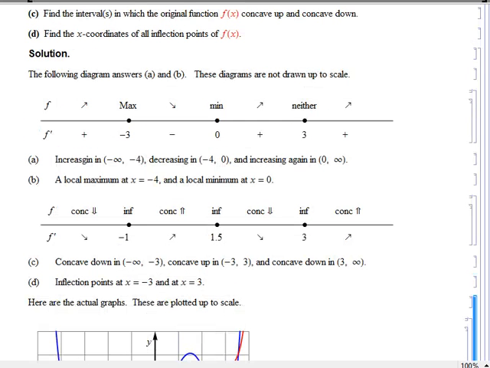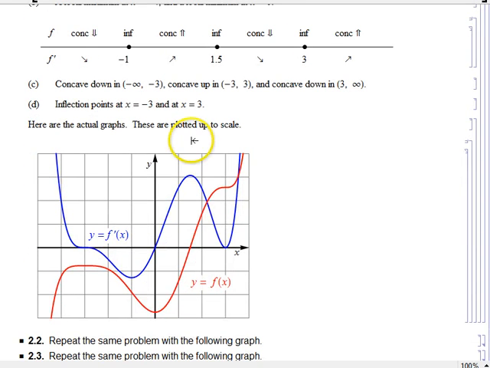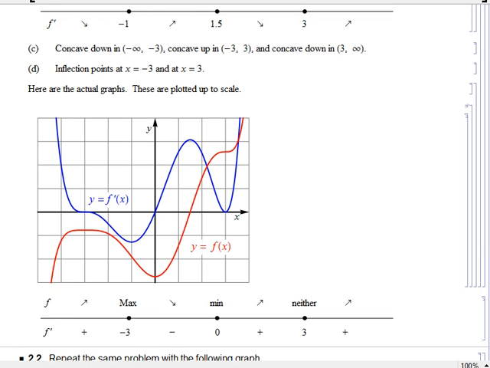Let me get this picture back again with this answer key, and let's check. The original function is increasing and hits -3, decreasing and then hits 0, local minimum, and increasing up until x equal to 3 and keeps on increasing.